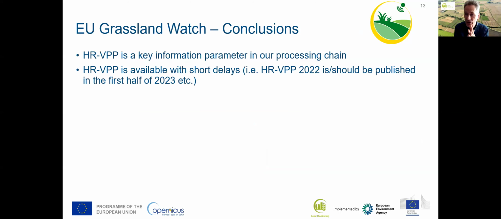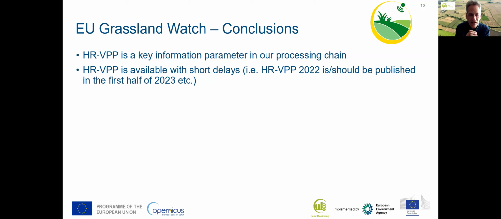And that basically also already concludes my presentation. I wasn't sure how much I should actually go into all the technical details. I thought it was mainly more about how useful the data set is. For us, I would say the HR-VPP data set is a key data set in our processing chain.